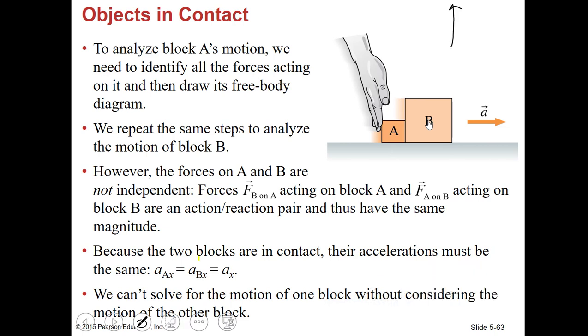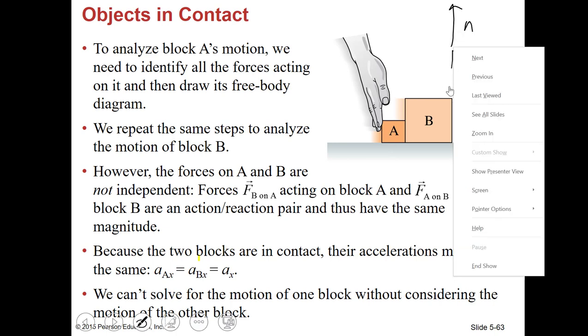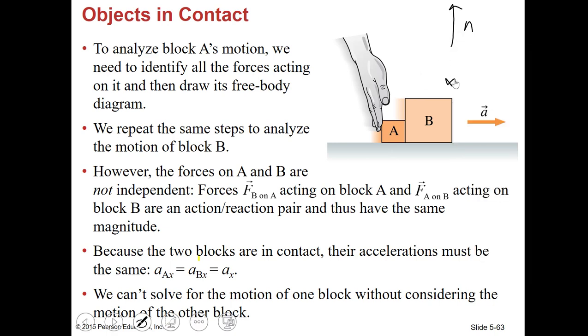For just A, I'd have the normal force from the ground. I'd have the weight on A from the earth. I would have the force from the hand this way, force from hand.